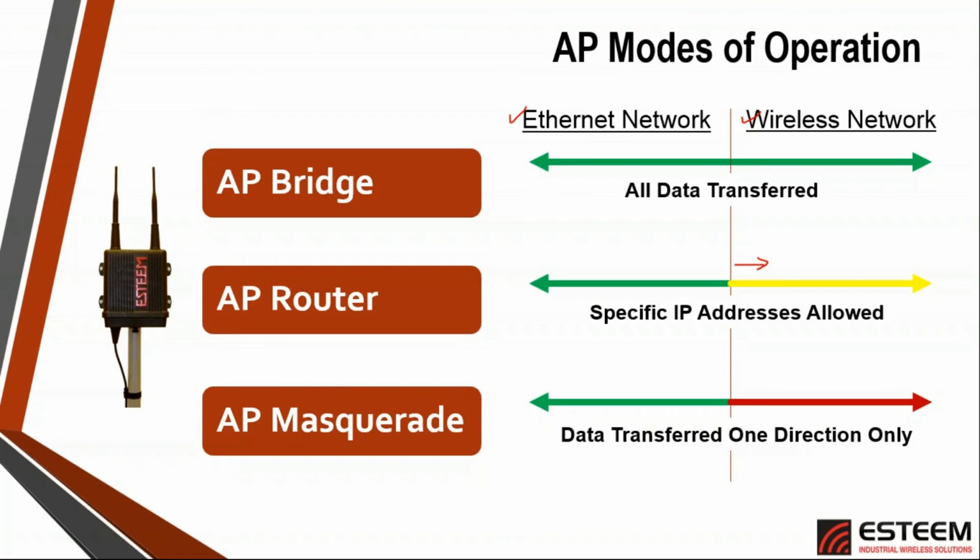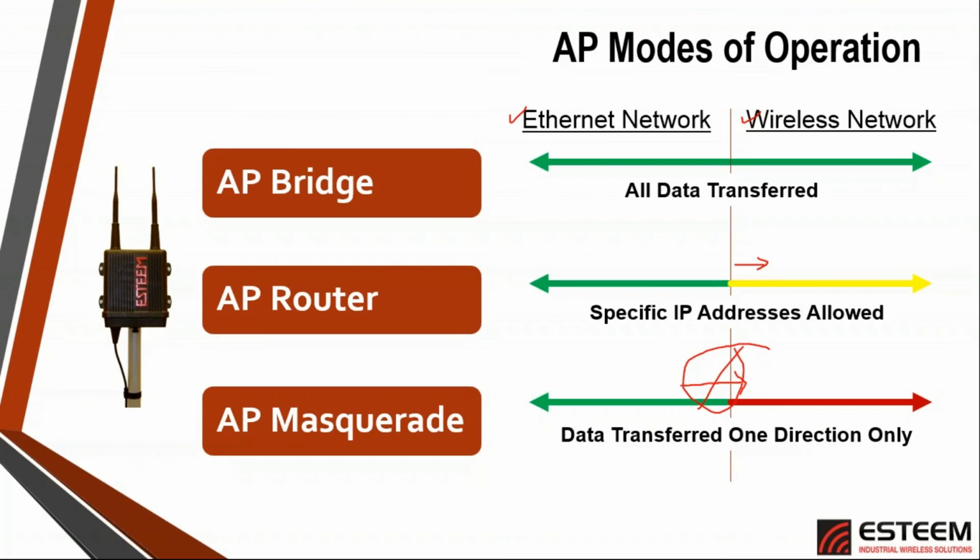The AP Masquerade handles that a little differently, because data that tries to push into the wireless network immediately gets rejected. It is only one way.